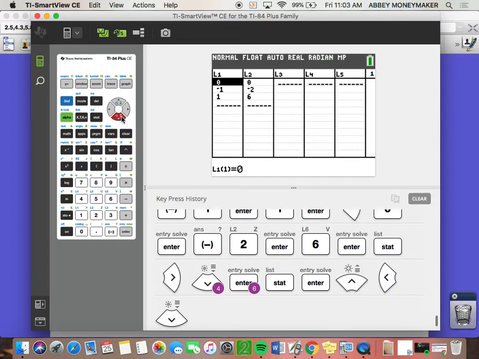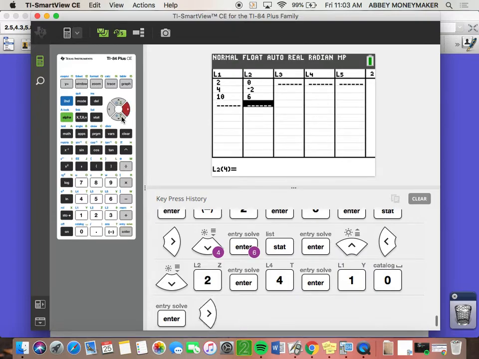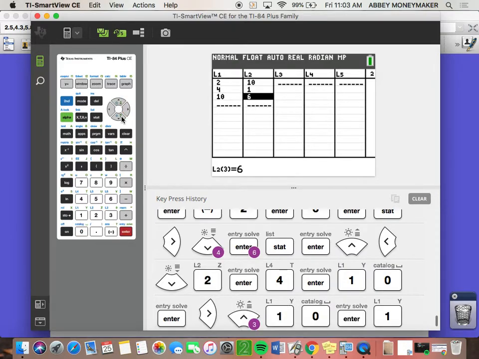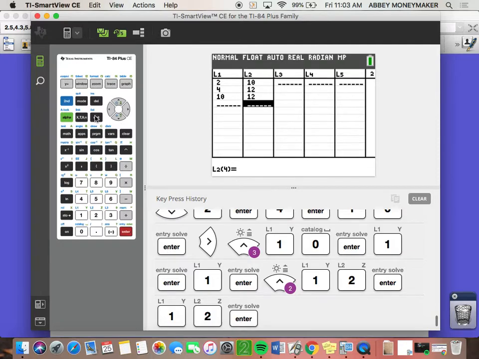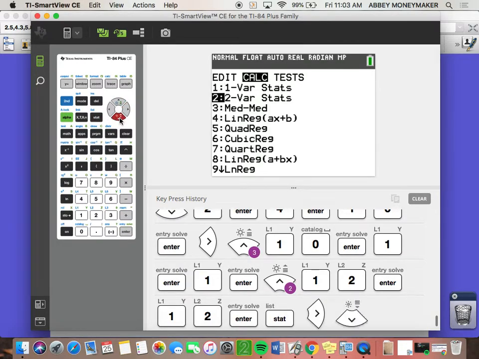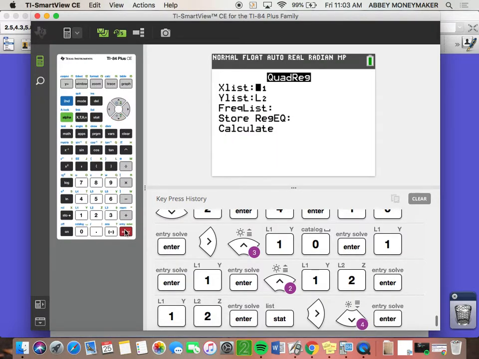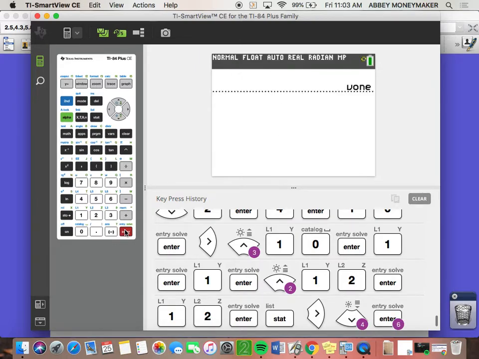That's really fun too. What did I say those were? 2, 4, and 10. And then that would be 10, 12, and 12. So go to stat, go to calc, go to quad reg. We don't need to store our equation.